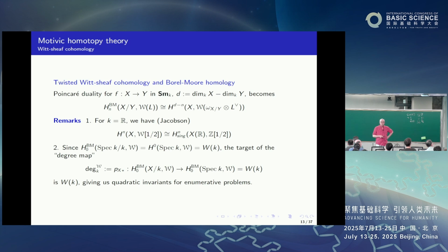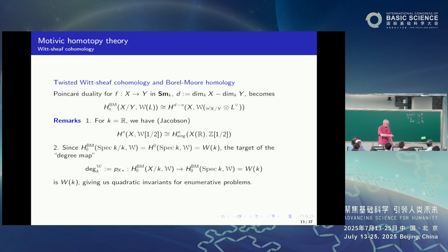That's given by the signature. That's a theorem of Jacobson. The interesting arithmetic information like discriminant, Hasse-Witt invariant, that type of thing is killed by inverting 2. You don't see that. But this integer information given by the signature is just giving you something about the real points of X. So that's why it's useful: this Witt sheaf cohomology then tells you something about the enumerative geometry of problems over the reals.